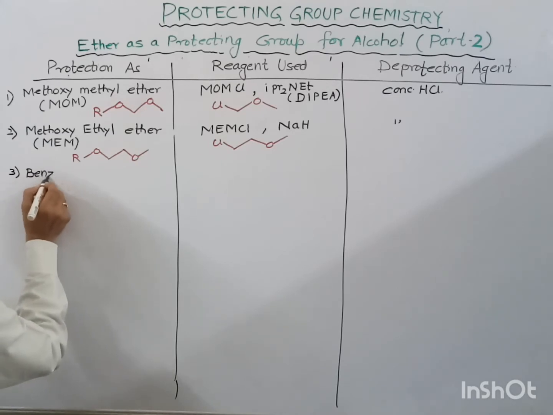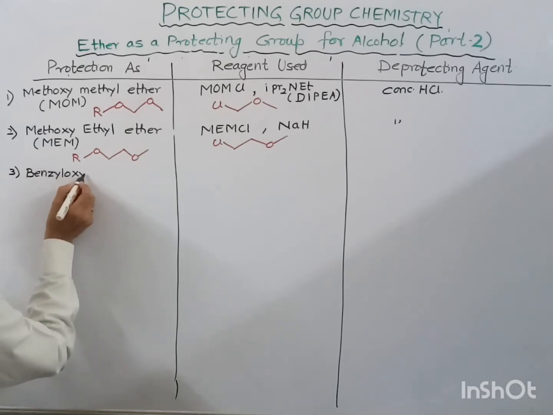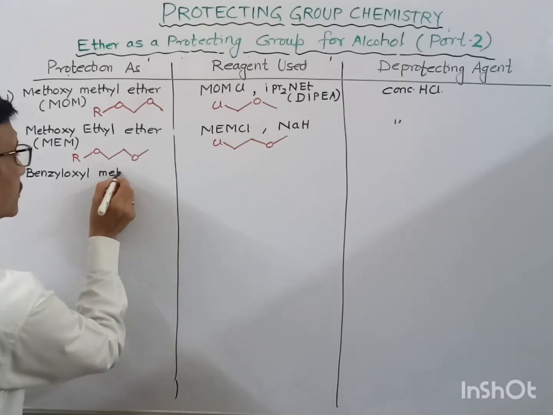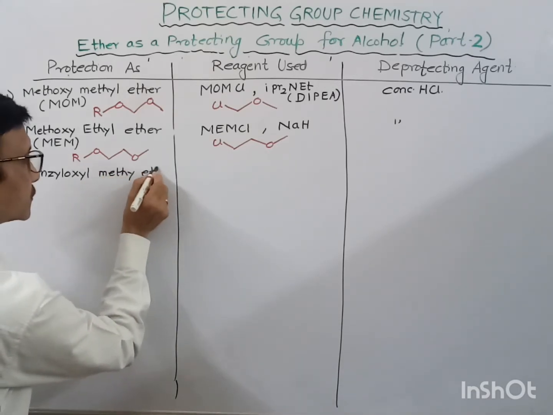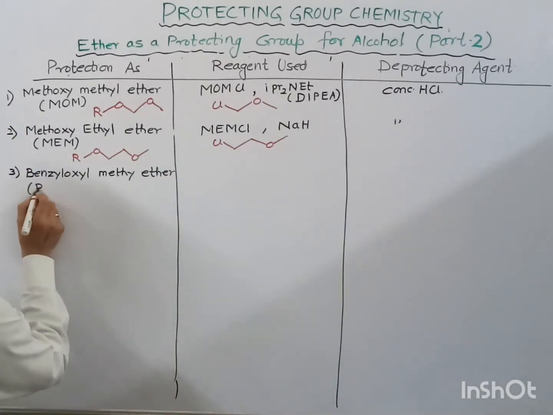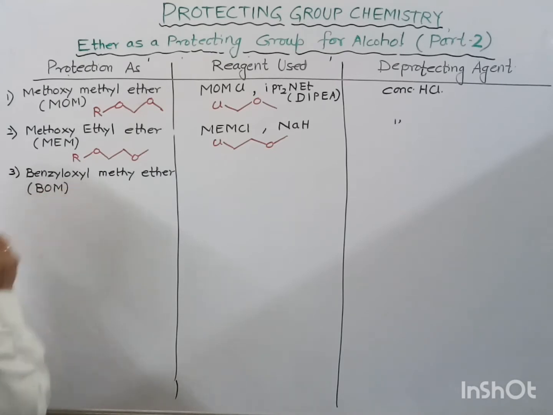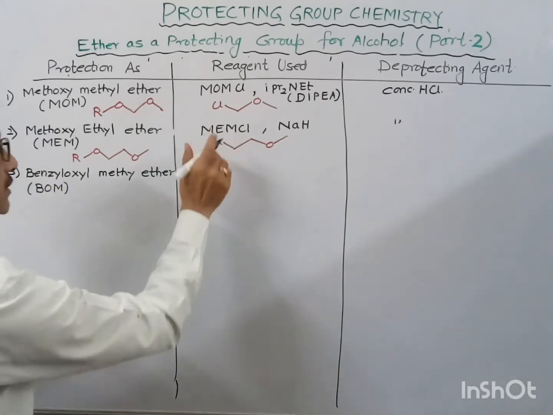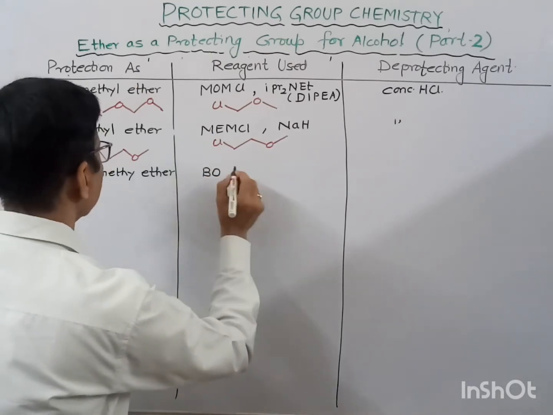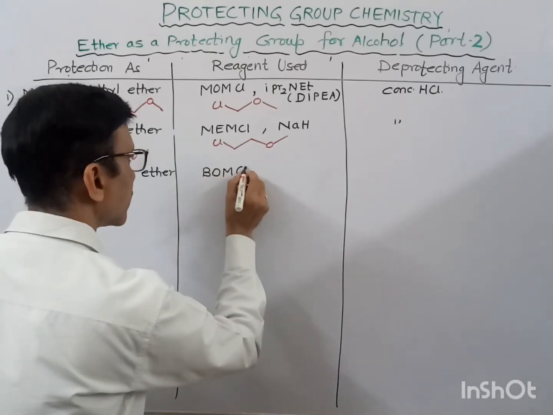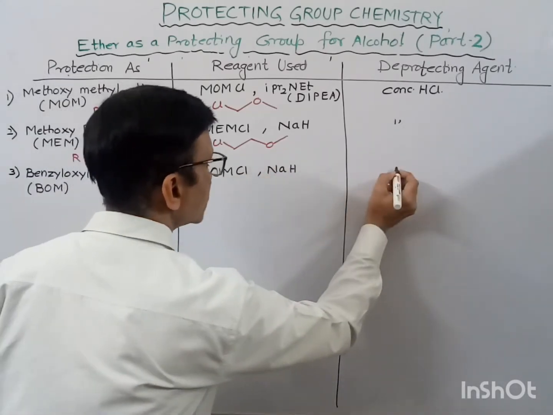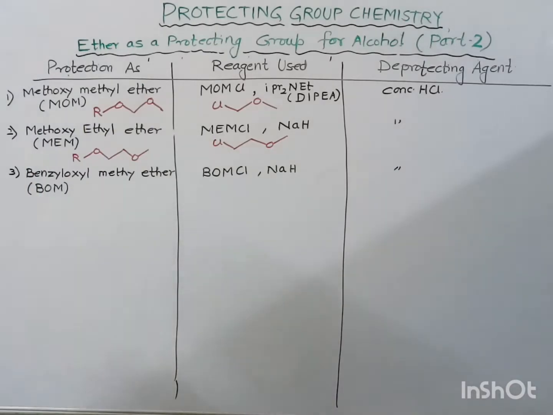Third one, benzyloxy methyl ether. In short form we call it BOM. The reagent used is benzyloxy methyl chloride in presence of some base, sodium hydride may be the base, and as deprotecting agent concentrated HCl can be used.